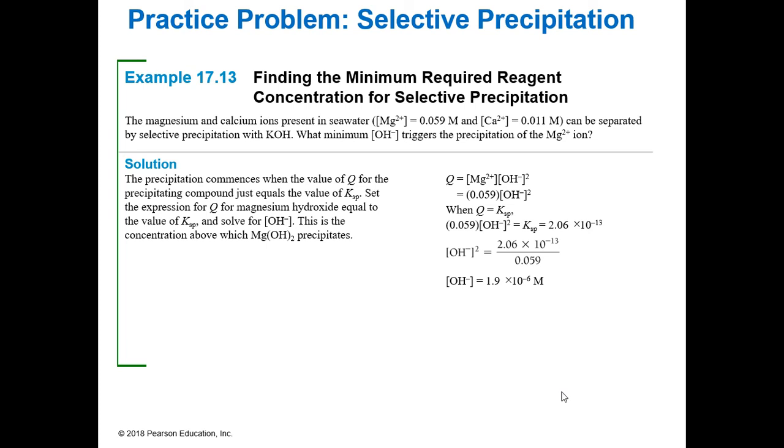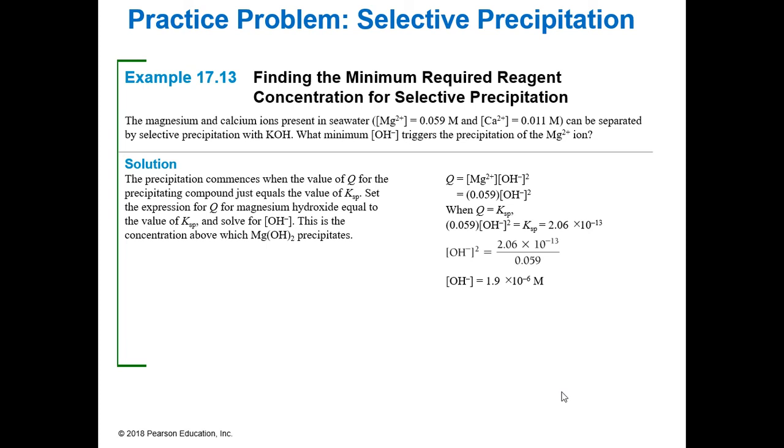We plug in our magnesium concentration because that's what we need to precipitate out. We need to precipitate out 0.059 molar magnesium. We know we'll get a precipitate when our Q equals our KSP. So we need to look up the KSP of magnesium hydroxide. We would see that it is 2.06 times 10 to the negative 13th.